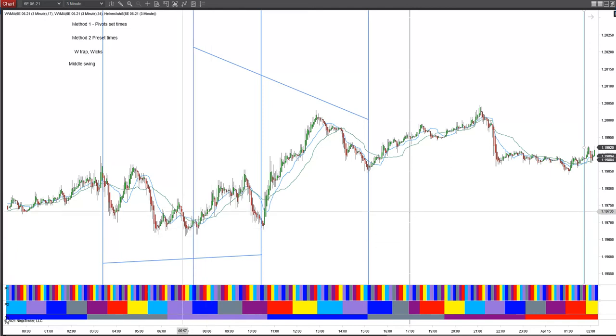Now again, here's that little W pattern. Now what do you want to do to project that? When that little W pattern is your low that you're going to use to project from, this was technically the low, but what you want to do with this is take the middle of the W, because the middle of the W has to be considered to be the swing pivot.